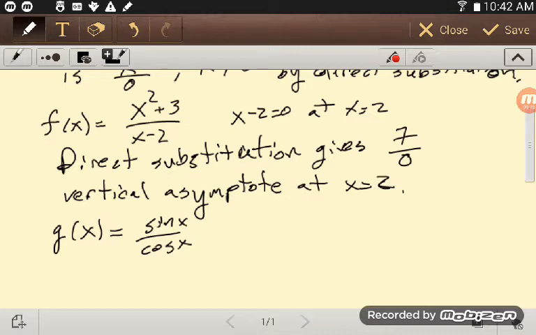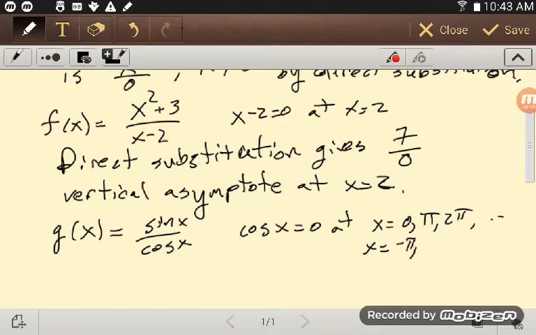Is that cosine of x equals 0 at x equals 0, pi, 2 pi, etc. But also x equals negative pi, negative 2 pi, and so forth. Oops, cosine. Scratch that. Sorry. I could hear you all yelling at me even in the video.